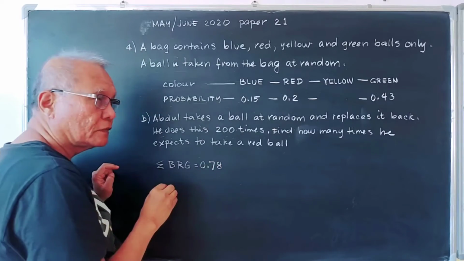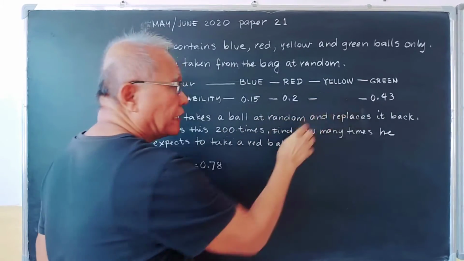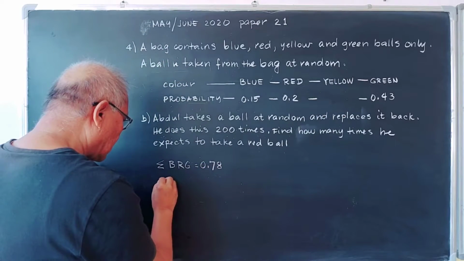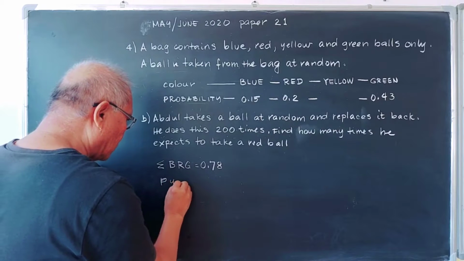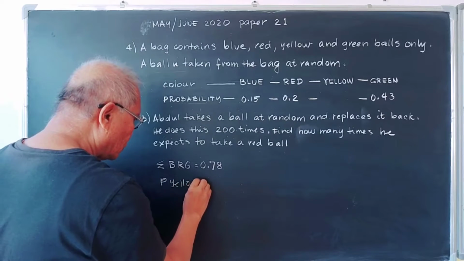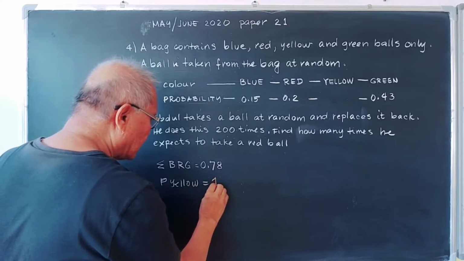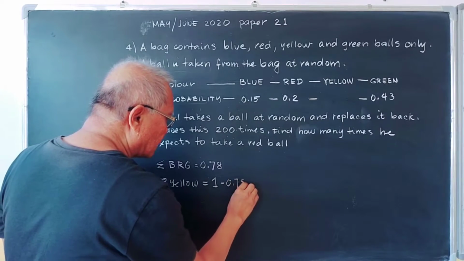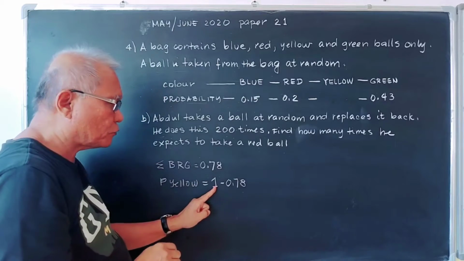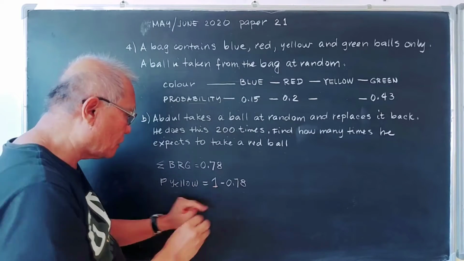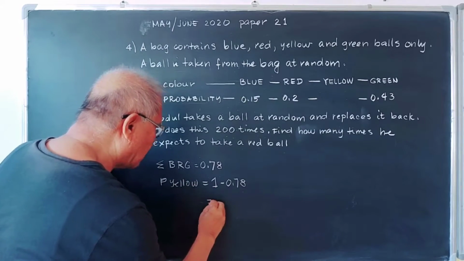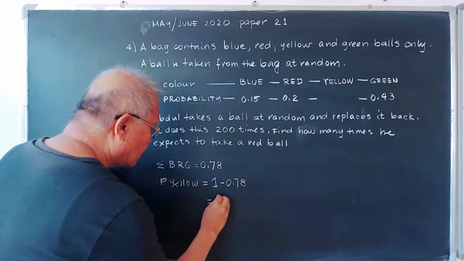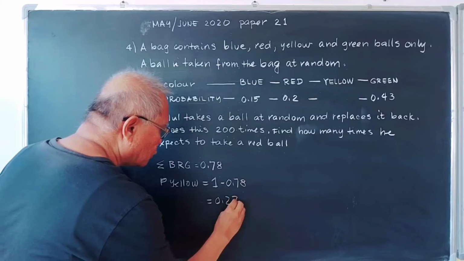That would be 0.78. To get the probability of the yellow ball, we just subtract this from 1. Probability of the yellow is equal to 1.00 minus 0.78. So the probability of the yellow ball is 0.22.